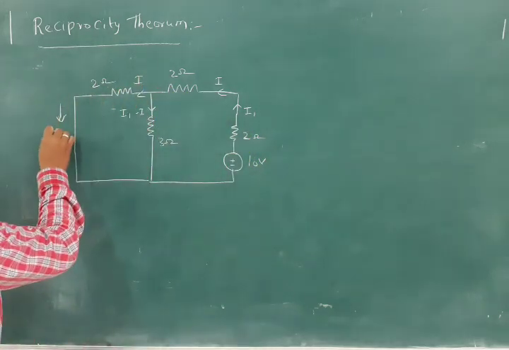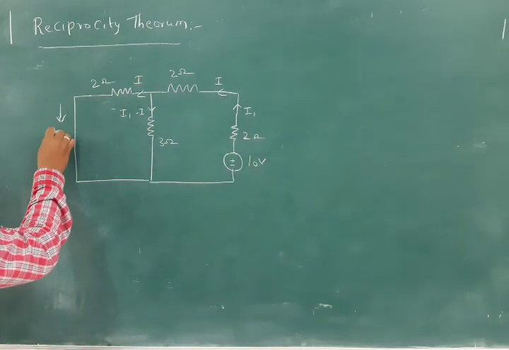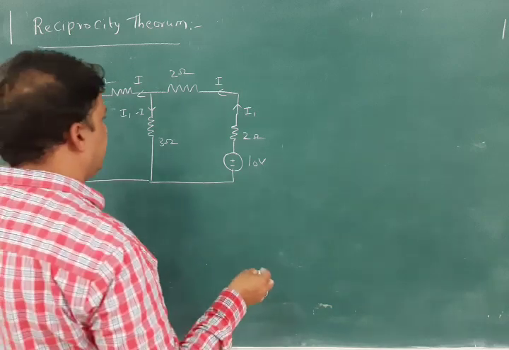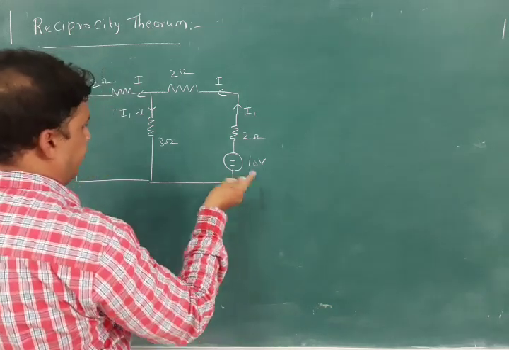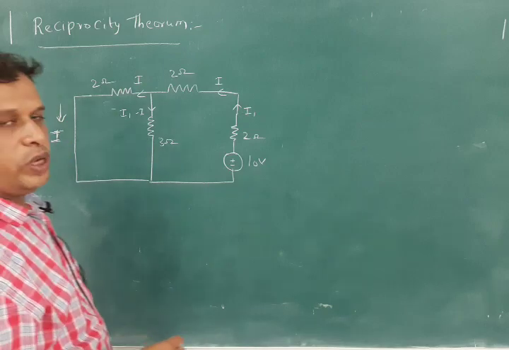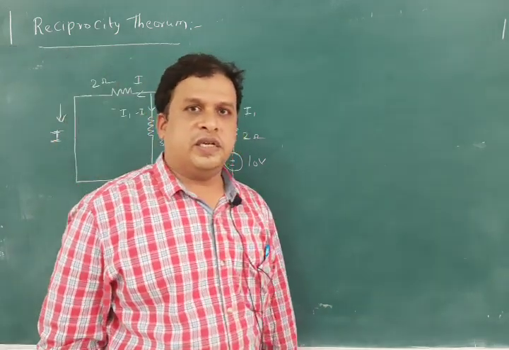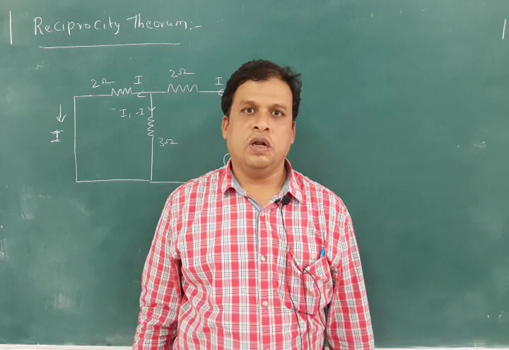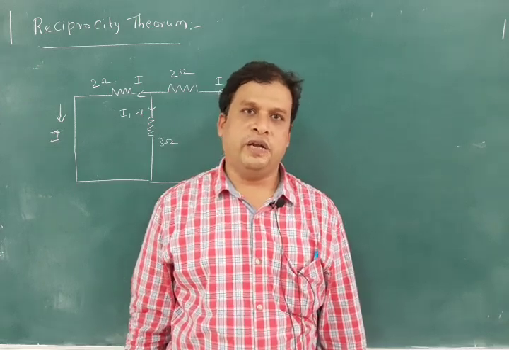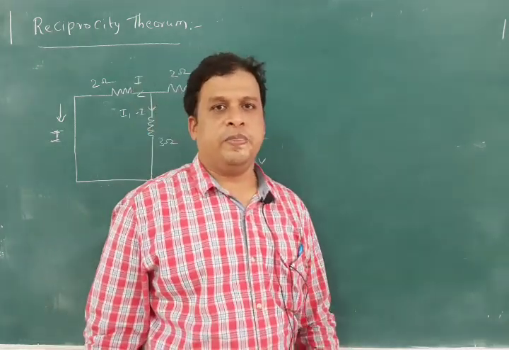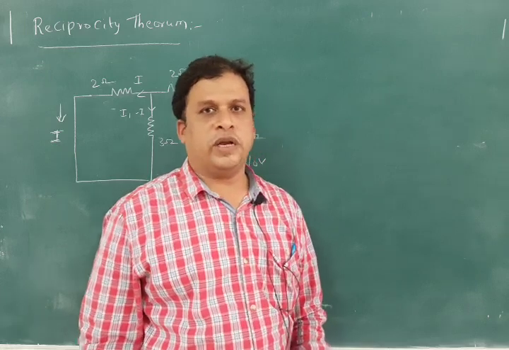We have to find the current I here, and see the V by I ratio, and check whether it is the same as the previous circuit we solved, where we got about 8.65. We will check that and prove the reciprocity theorem.